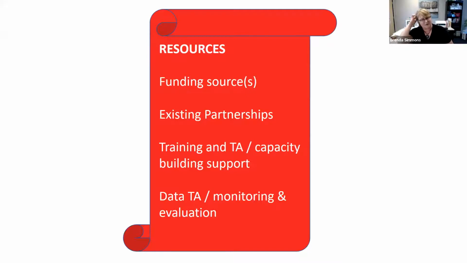Or what kind of resources are you going to need? Do you have family members that are going to help you pay for it? And what kind of recipes are you going to use? Are you going to get the recipes from your grandmother's house? It's just looking at the resources that you need to move through the short and intermediate outcomes. And so then we end up with a complete logic model.